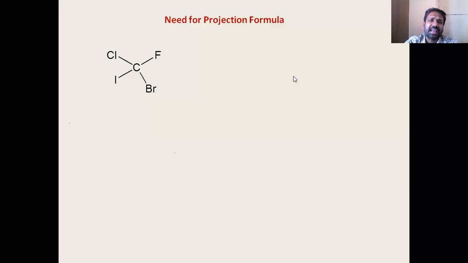Then the best I can do is write it like this: carbon, 4 bonds, and all 4 bonds connected to different atoms. But does this give the actual real picture of the molecule? Definitely not. Why? Because writing like this shows the viewer that maybe all 4 atoms are on the plane of the board, is it not?